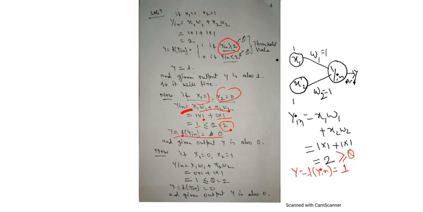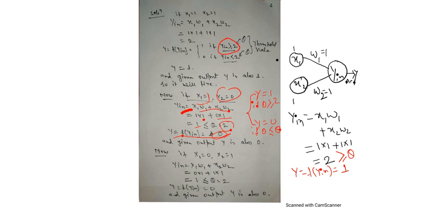It will return 0, because y will return 1 if the input is greater than or equal to theta, which is 2, and y will return 0 otherwise. Okay, 1 is lesser than 2, so it will return 0.